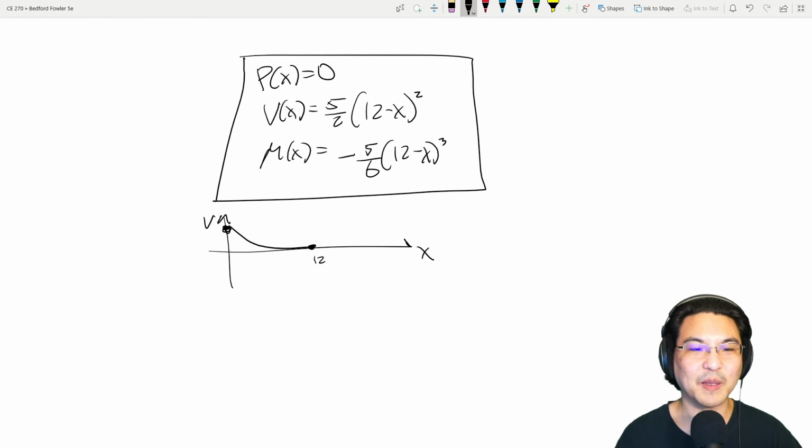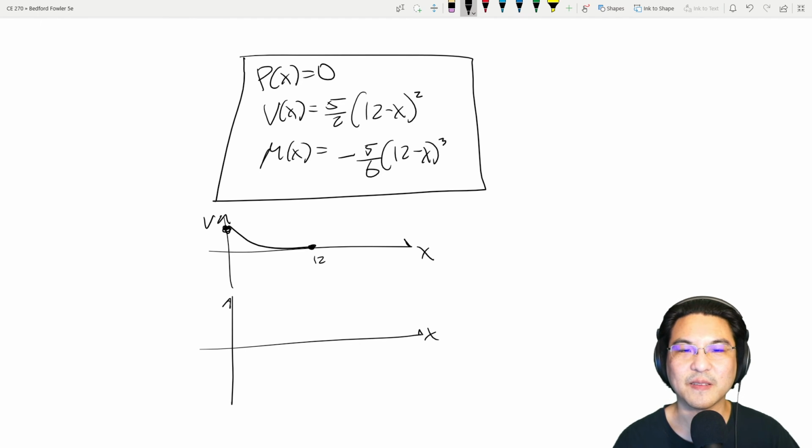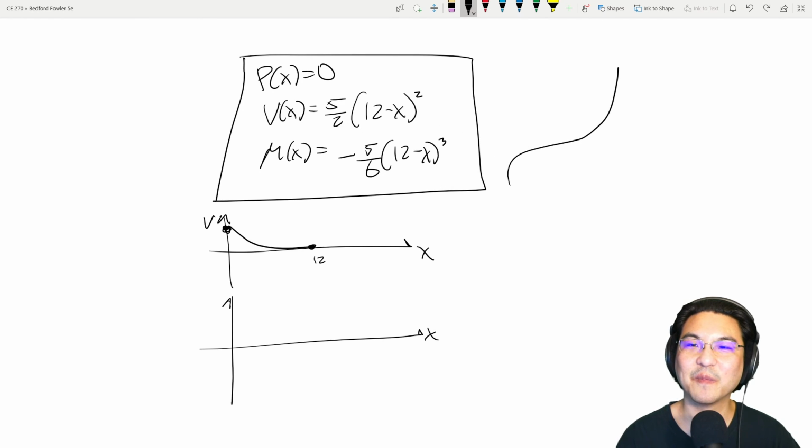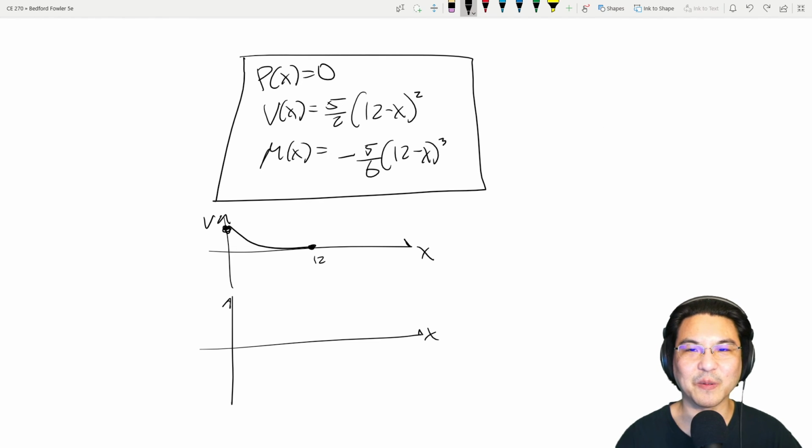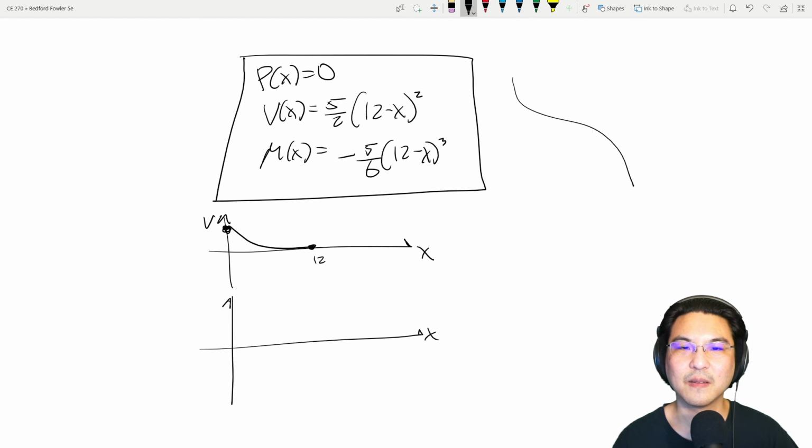Okay, and then bending moment. Let's see. So cubic functions look like this, right? And then but then it's minus, so the other way. Okay, so then and then also at x equal to 0, it's something negative. Okay.